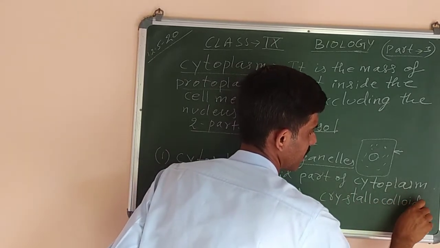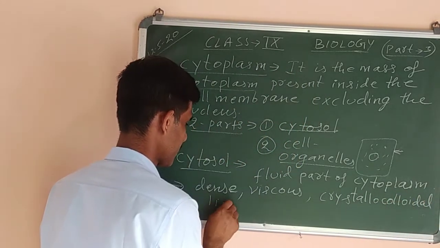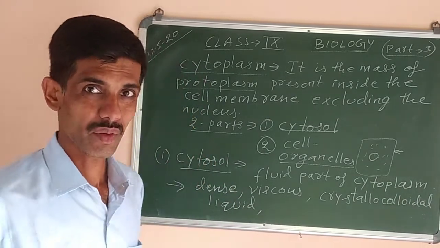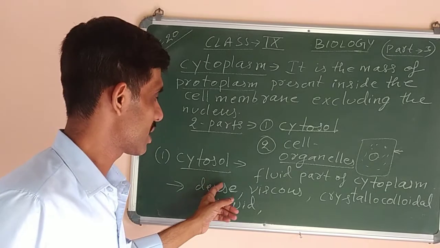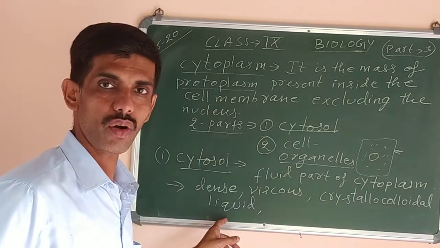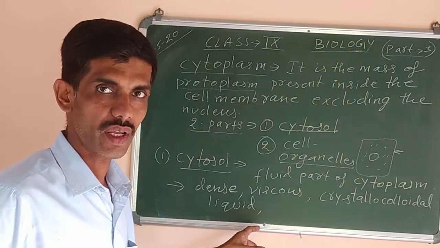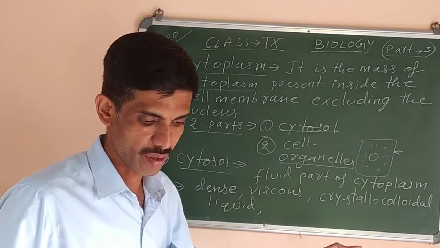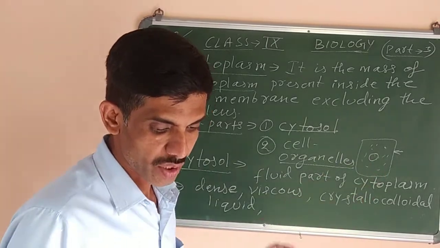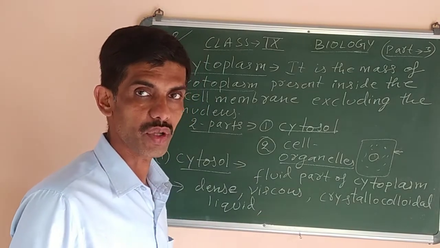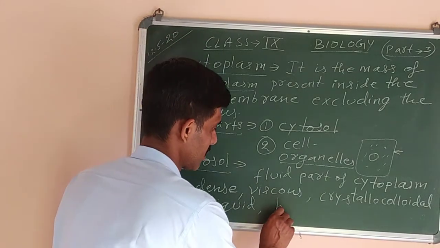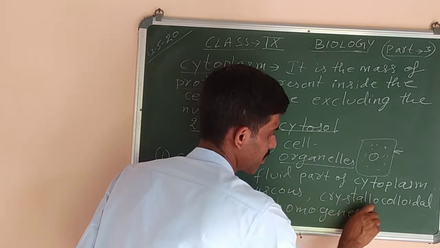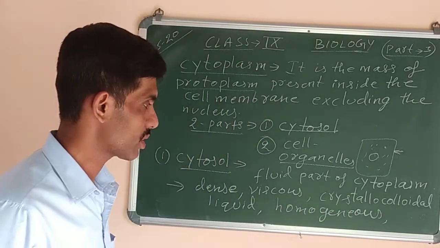It is semi-viscous also. So it is a dense, viscous, crystallo-colloidal liquid which is present inside the cell membrane. Okay, so this one we have done. It is nearly homogeneous. It's not fully homogeneous, but uniform composition is there. Homogeneous also we can write.